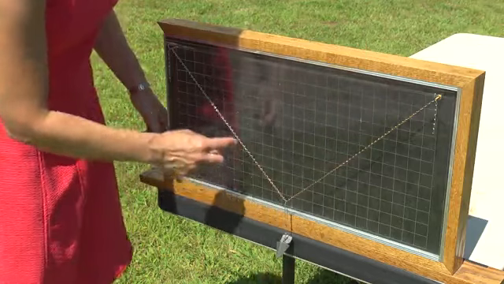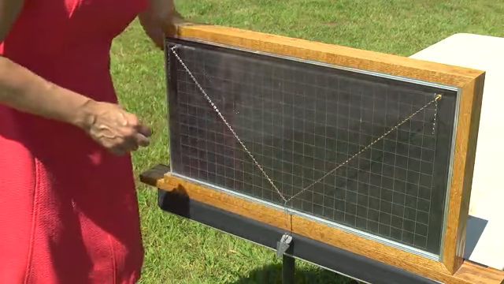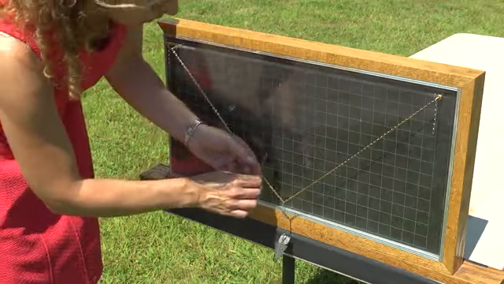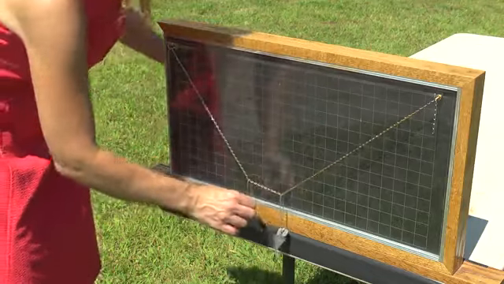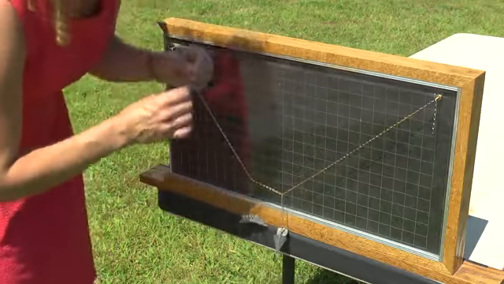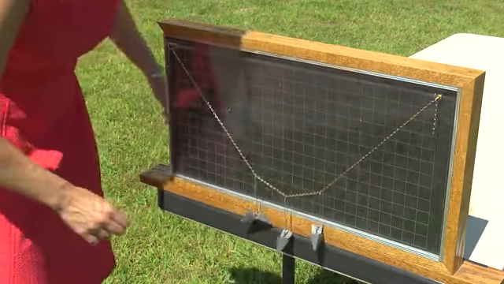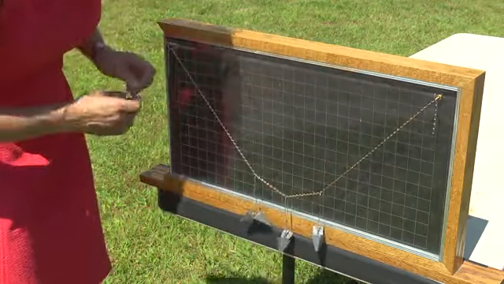we're going to see it start to take the form of the cable of a suspension bridge, which is a parabolic form. All right, so now you start to see the shape change a little bit more.